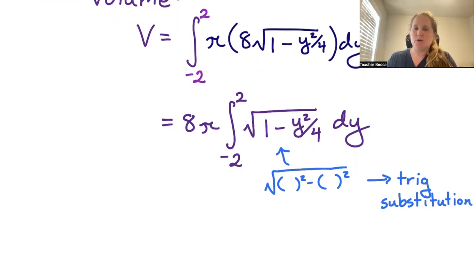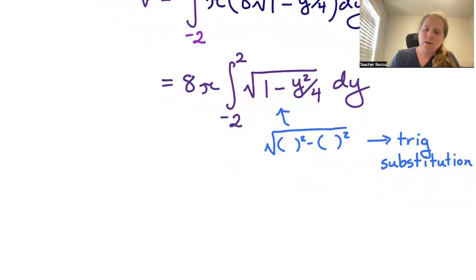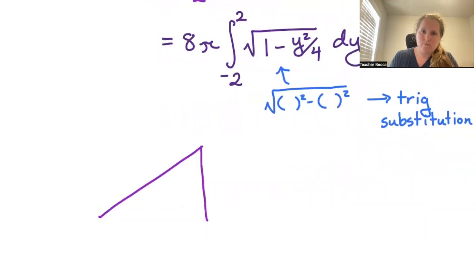So if we set up our triangle, we have the 1 as our hypotenuse. So we have our angle theta, 1 is our hypotenuse.